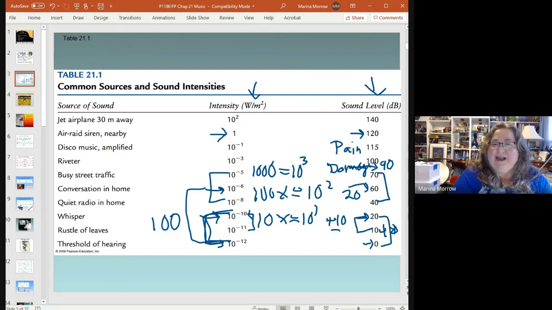So there's definitely a relationship. 10 to the 1 is 10, 10 to the 2, we got 20, 10 to the 3, we got 30. And there is a formula for it. But basically, yes, for every 10 decibels that you add, the energy goes 10 times greater for the sound.